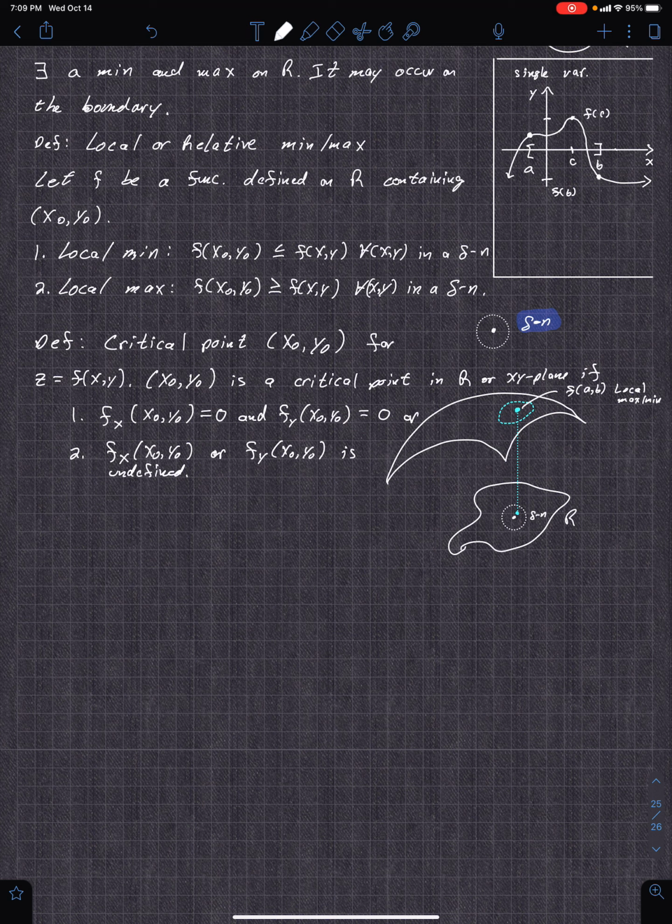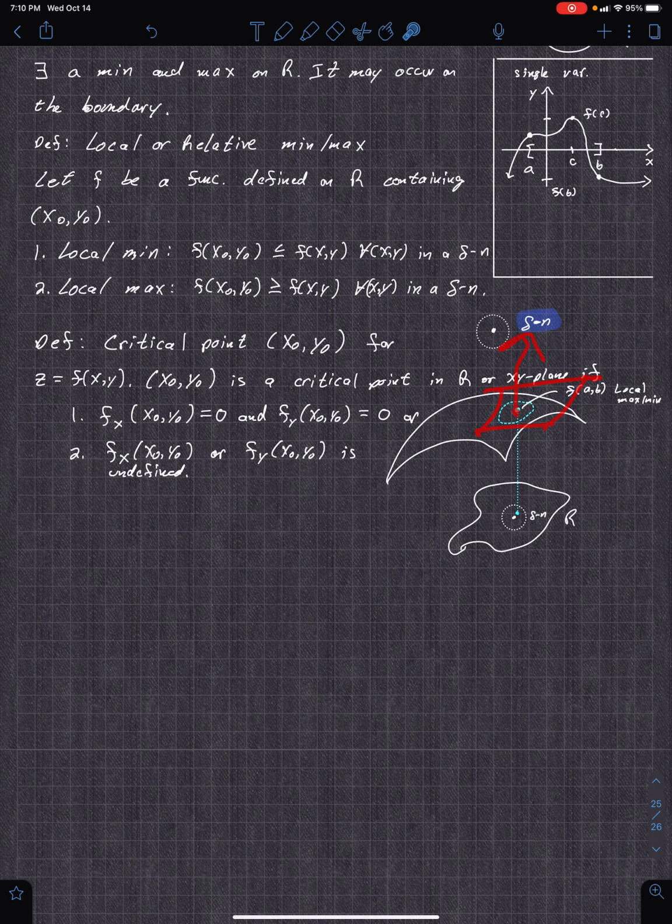What that's basically doing, and I'll talk more about this a little later, is this: the partial f x is the slope of the tangent line in the x direction, and f y is the slope of the tangent line in the y direction. What that gives you is a horizontal tangent plane at a point.